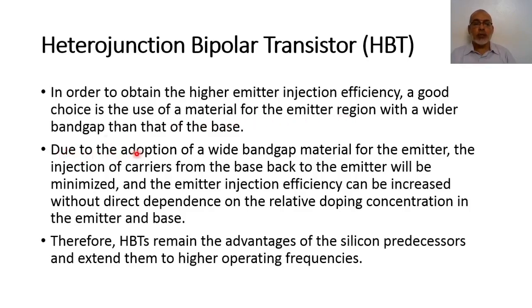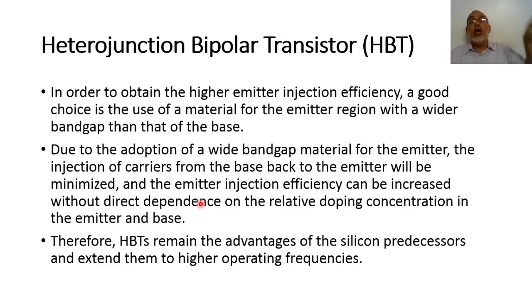Due to the adoption of the wide band gap material for the emitter, the injection of the carriers from the base back to the emitter will be minimized, because effectively we have a wide band gap at the emitter. For the carriers to jump from the base to the emitter, they would need very high energy to overcome this wide band gap. And the emitter injection efficiency in this case can be increased without direct dependence on the relative doping. Why?